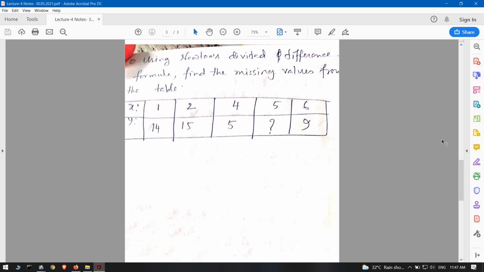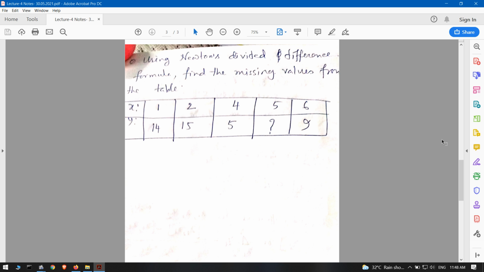So you calculate that value. So how much are we getting? 14 plus 4 minus 12 plus 9, equal to 14 plus 4 minus 24, sorry, plus 9.